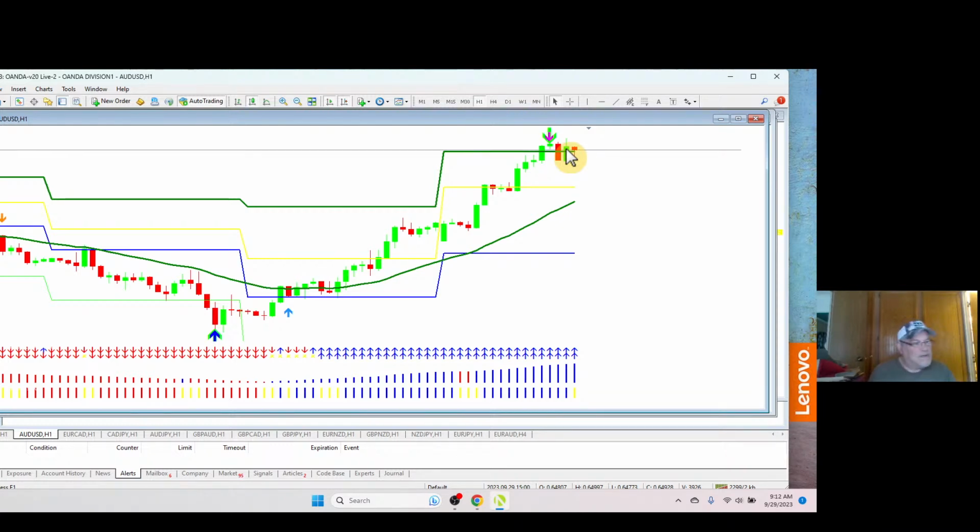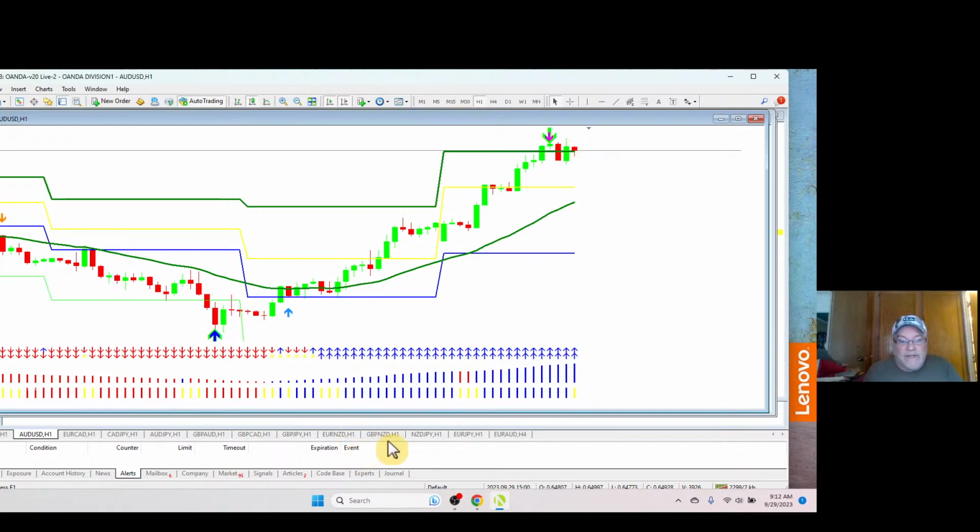And I had to monitor it quickly because it could do like the pound yen did on me. I was up 22 pips, and turned around and went up 30 pips. But when it went down 22 fast, I moved it to break even, and it stopped me at break even. But that's okay.